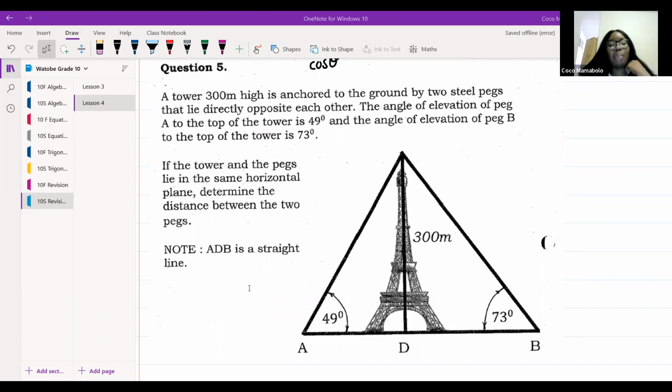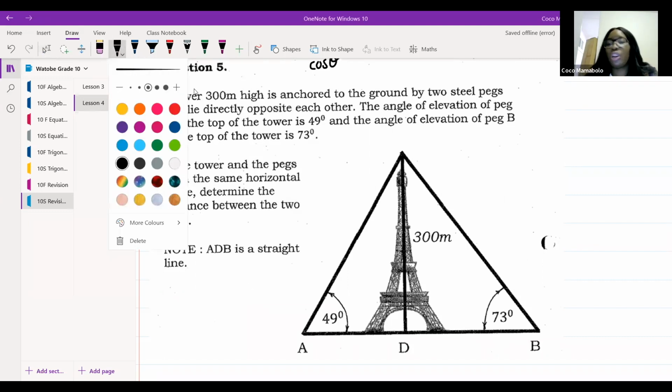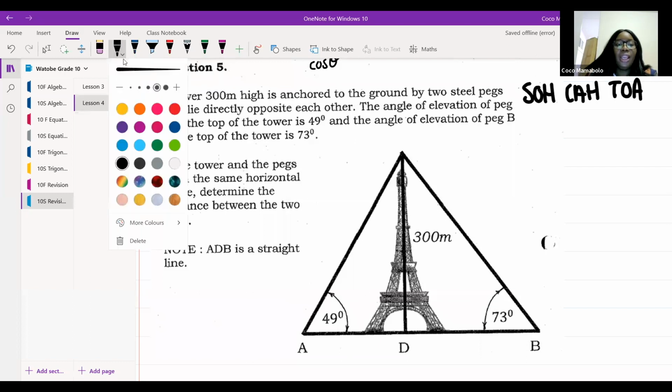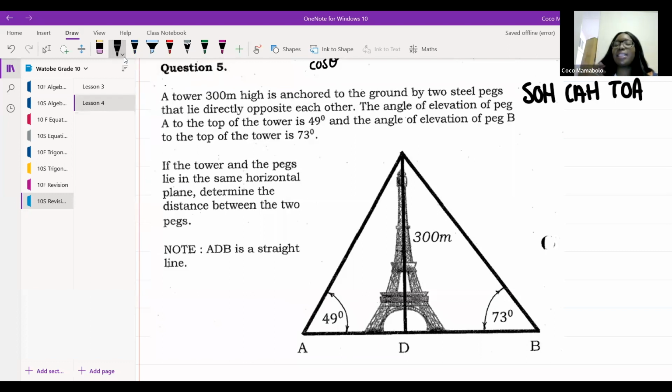If the tower and the pegs lie in the same horizontal plane, determine the distance between the pegs. Now, we are back at SOHCAHTOA, guys. We're not doing anything new here. We're doing SOHCAHTOA just in story. This is angles of elevation and depression. What are we going to do here? And what exactly do they want from us?